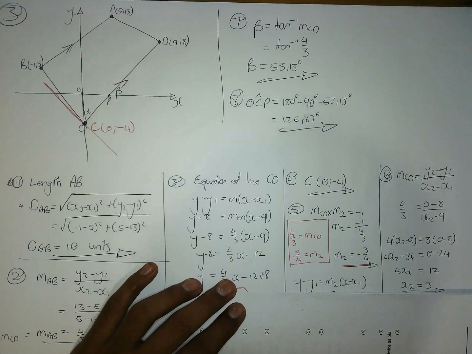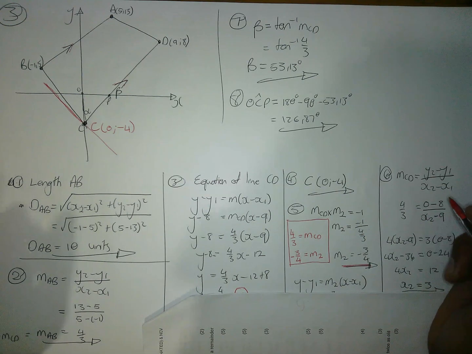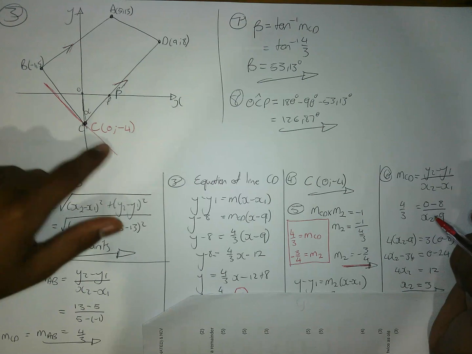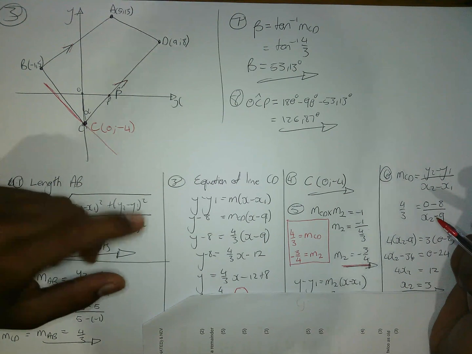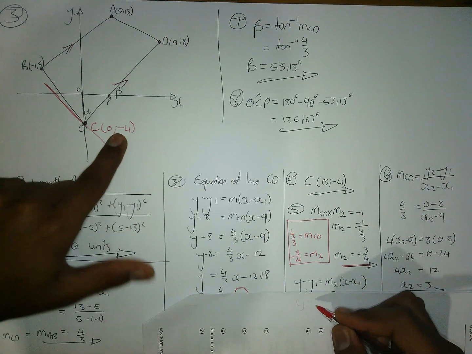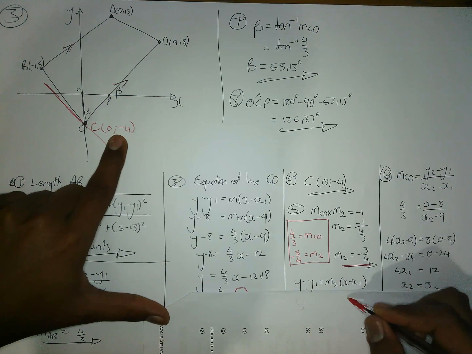Remember, for an equation of a line, I need at least one coordinate that is on that line. And the only coordinate on that line is coordinate C once again, which is lovely for me. So what I'm going to have is y minus negative 4 equals negative 3 over 4, in brackets, x minus 0.